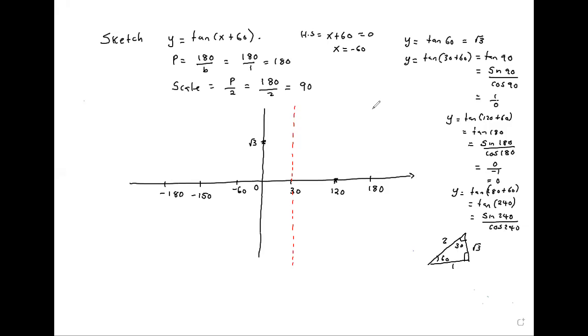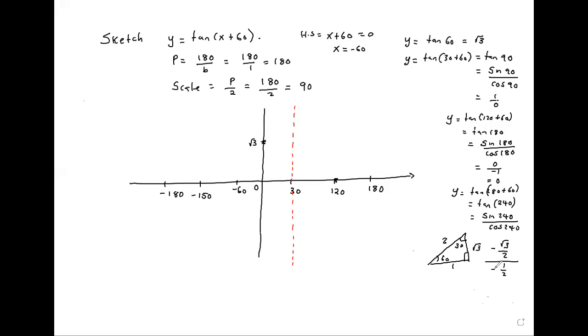So sine 60 is √3/2, and because it is sine, we give it a negative sign in that quadrant, and for cos 60, we get half, with a negative sign as well.